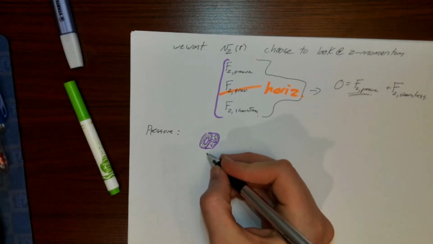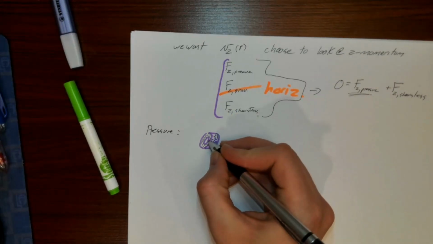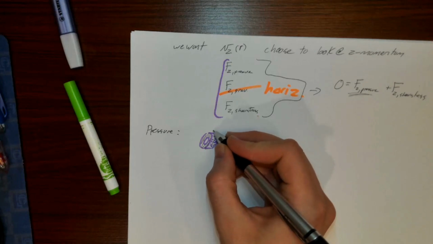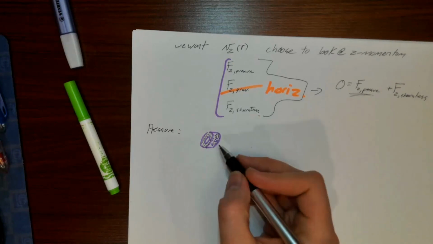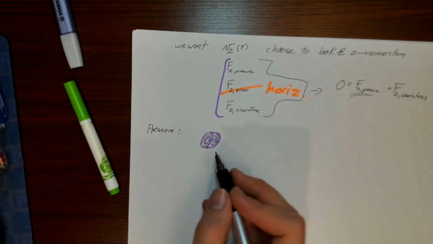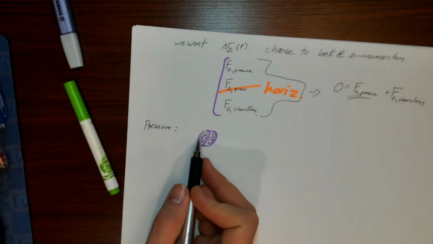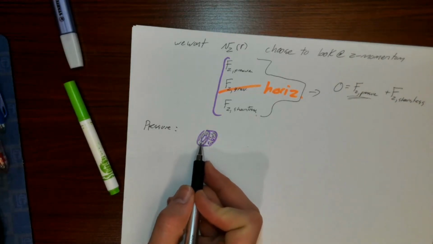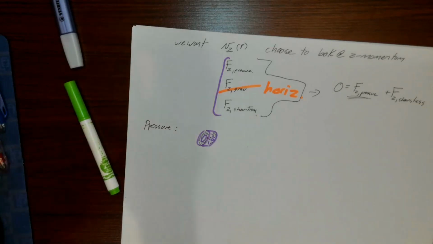Hypothetically, I could have pressure pushing outwards on the inside of the ring or inwards on the outside of the ring, but those result in forces in the r direction. I'm worried just about forces in the z direction, so I'm really just worried about the upstream and downstream faces of my little circular ring.